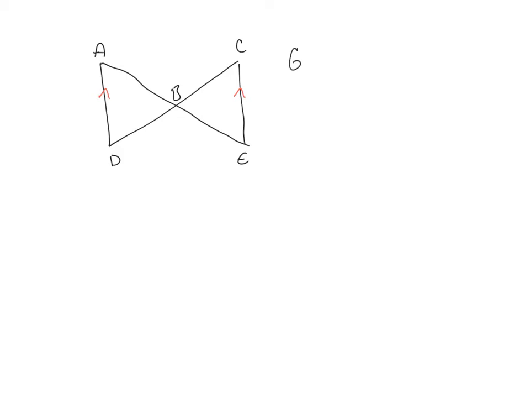So it said given AD is parallel to EC, so I labeled that already, and then BD is congruent to BC.